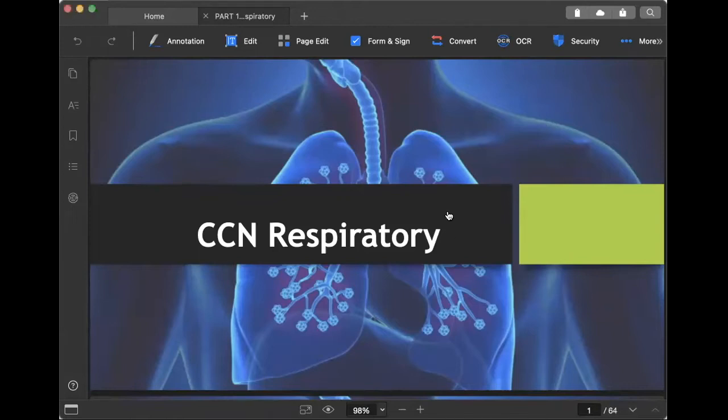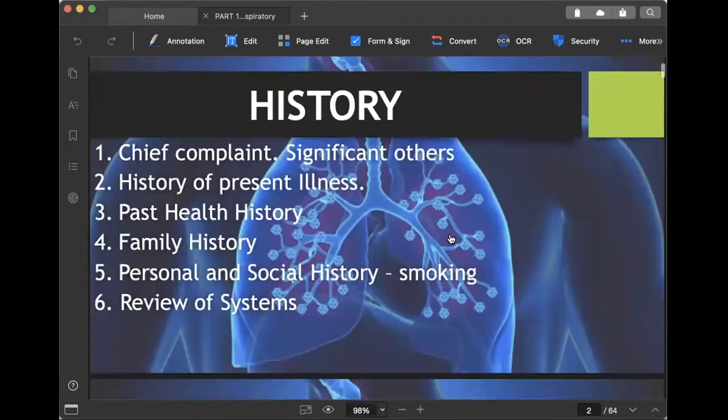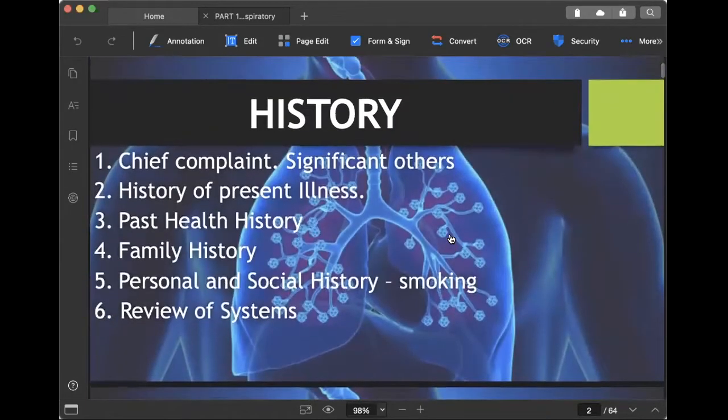Okay, and with that, we will start with the history taking of the client in critical care in terms of the respiratory system. The first one is the chief complaint. Of course, if we cannot gather primary information from our client, we will go to the significant others.